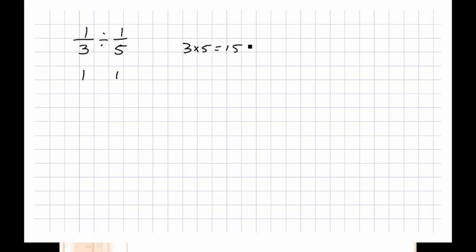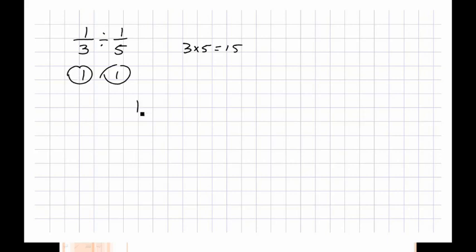So I need one section. I need to go from 0 to 1 on my number line because, as I mentioned, we're looking at the next whole number that's larger than our largest fraction. So in this case, it really doesn't matter which one we look at. Our number line needs to be 1 unit long, but it needs to be broken into 15 sections.